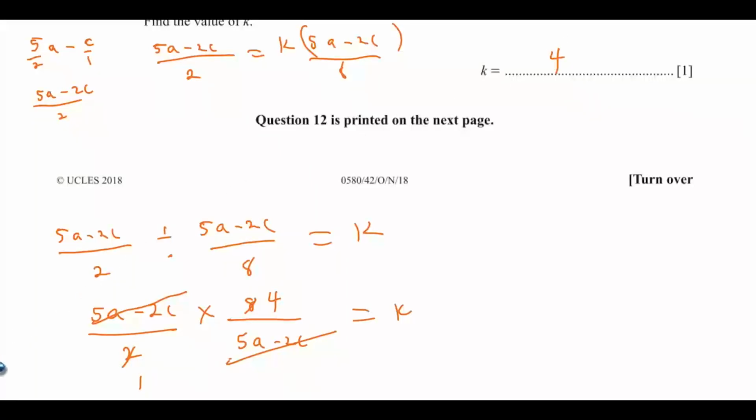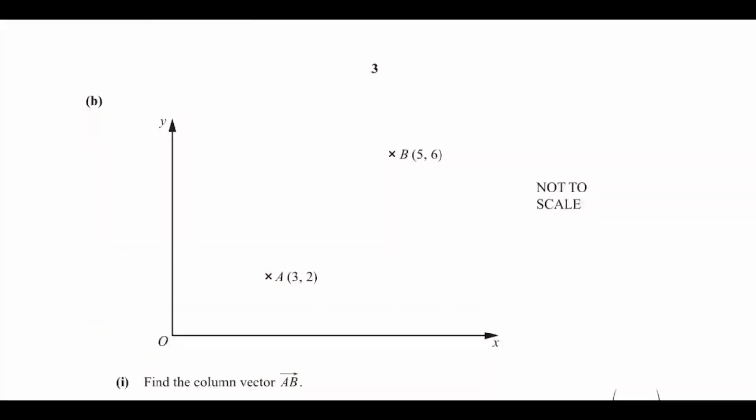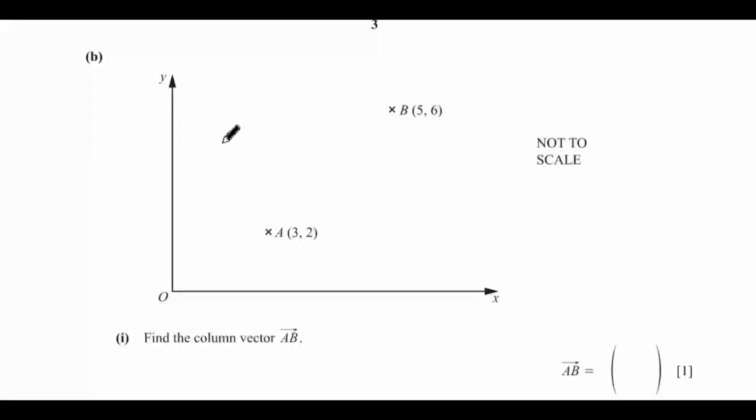Okay, so let's go to the next question. It's from paper 058043, October November 2018. And this will be the last question in this video. We are given this diagram and we have points A and B respectively.